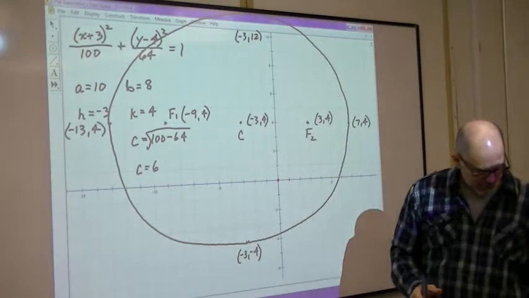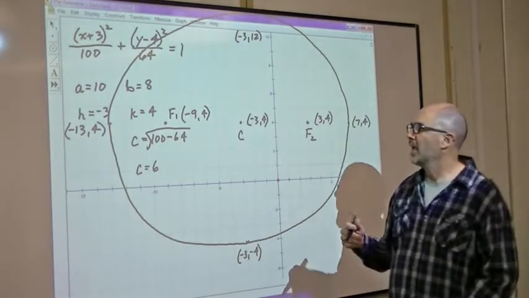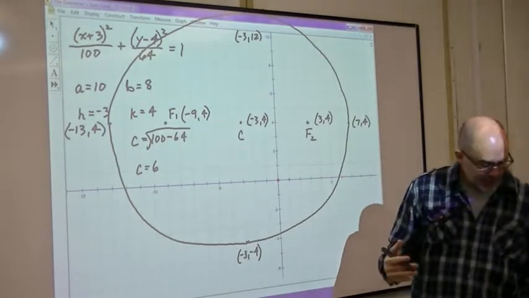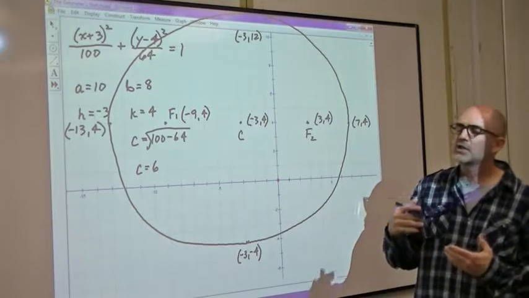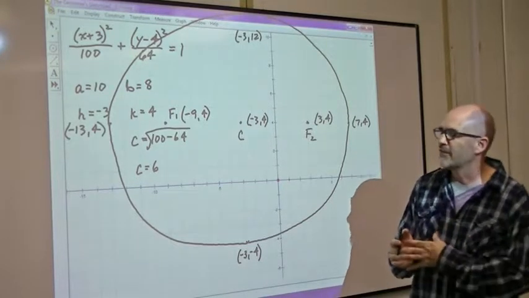Next, we're going to be given an equation in standard form, or I'm sorry, general form, and we have to graph it.